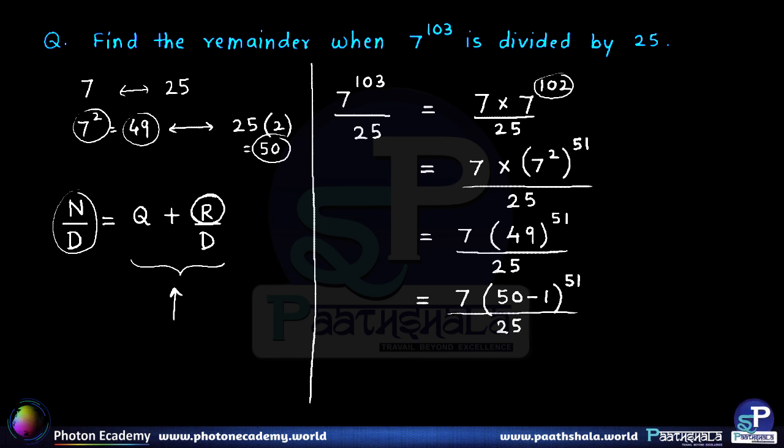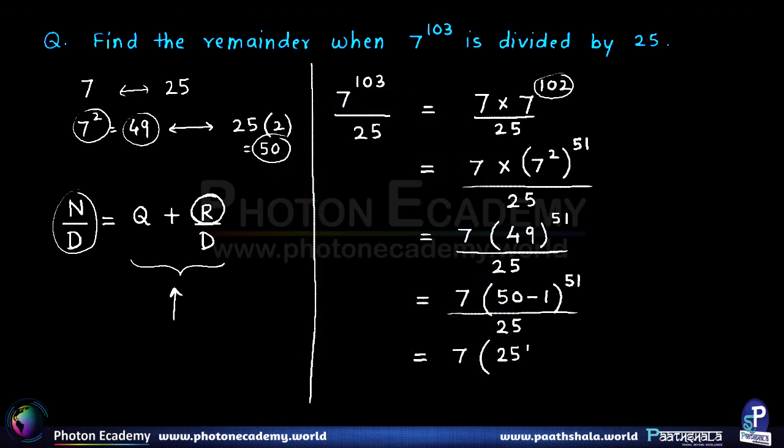Divided by 25. Now this 50 can be written as 25 into k, where we know that k is actually equal to 2, but this can be written as 25k minus 1.